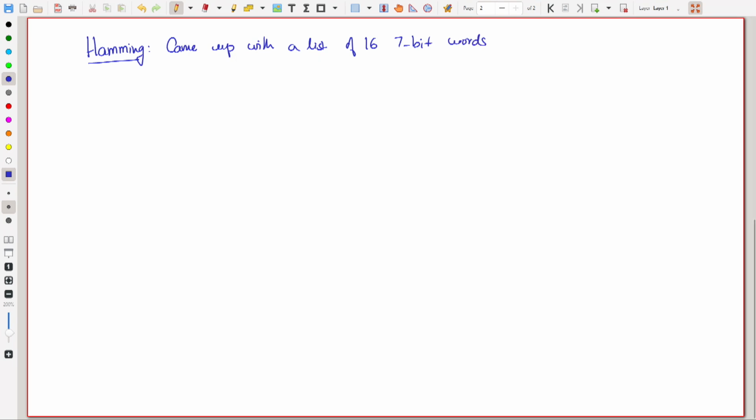So, 16 means how many bits? 16 means 4 bits. So, by this original idea, if we wanted to transmit 4 bits allowing error correction, we would need to send 12 bits, because we would send each bit 3 times, right. But Hamming did a much better job. He came up with a list of 16 7-bit words.